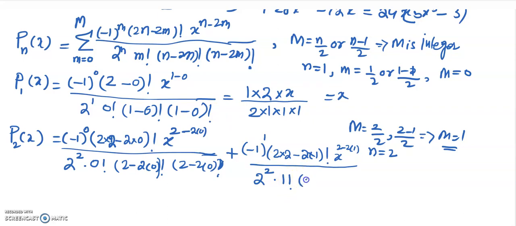Then this will be 2 minus 2 into 1 factorial, and then this will be... wait a minute, actually here it is n minus m factorial, okay, so I should write it more clearly over here, n minus m factorial.